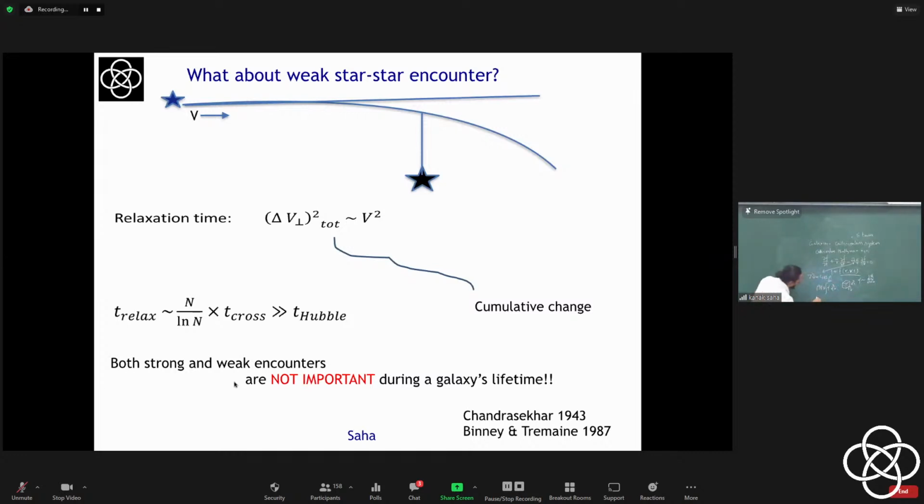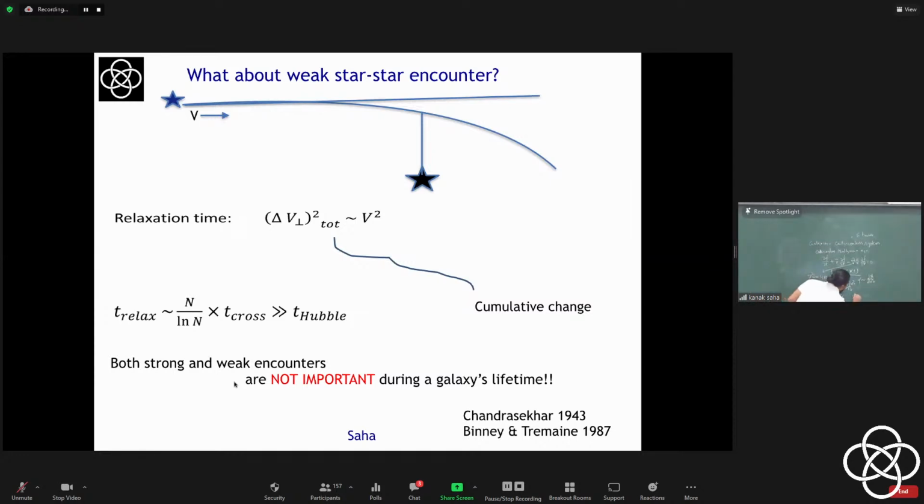Then you have the mean velocity, the integral of v f d3v, which is the first order moment of the distribution function.